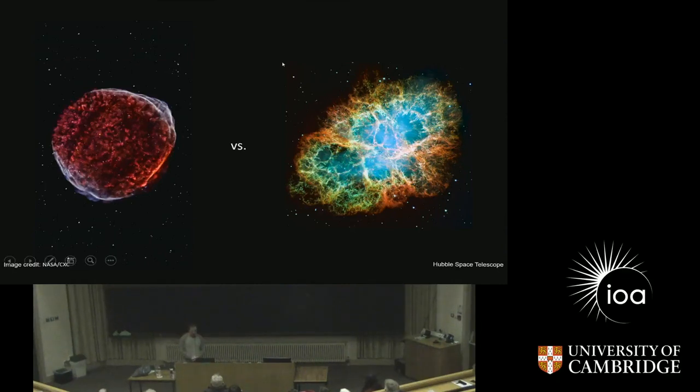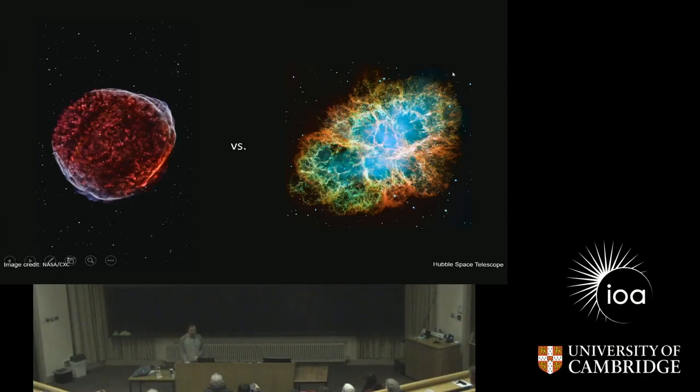And while these massive stars end their lives in these dramatic explosions, which are quite spectacular, it doesn't mean that the regular stars, like our sun, do not have spectacular ends.